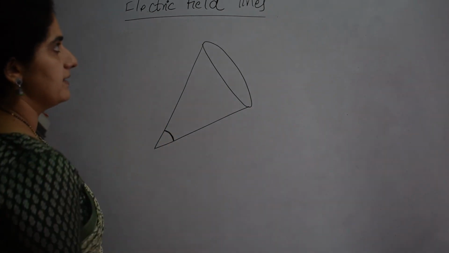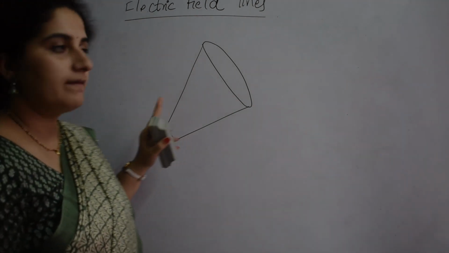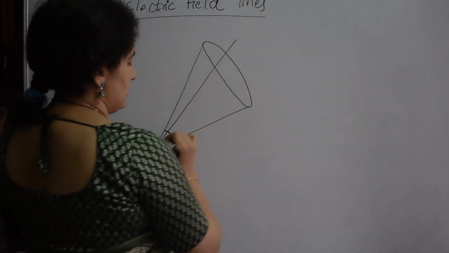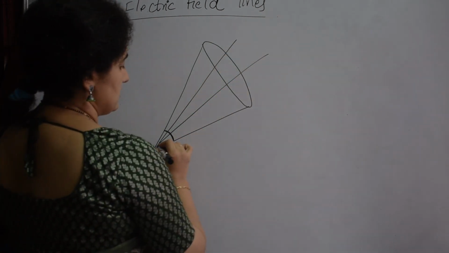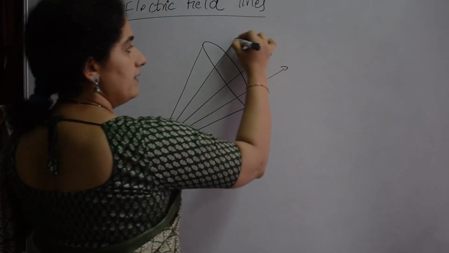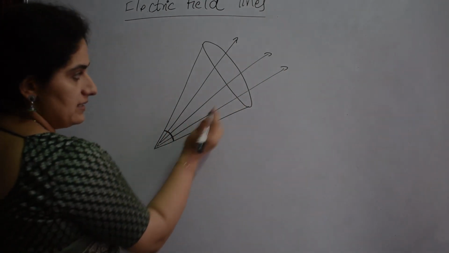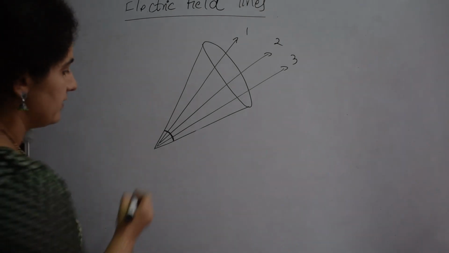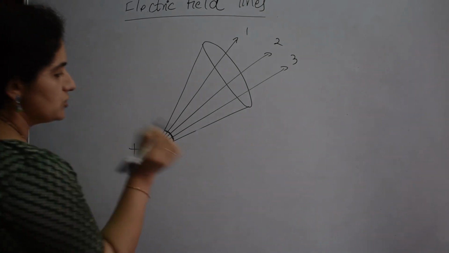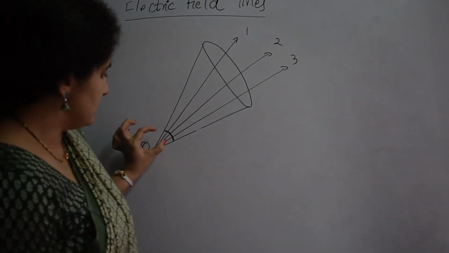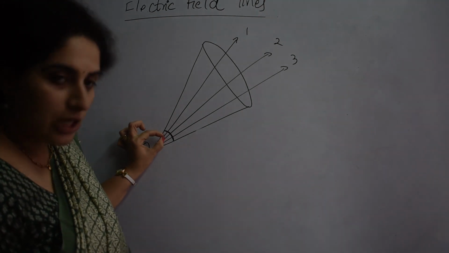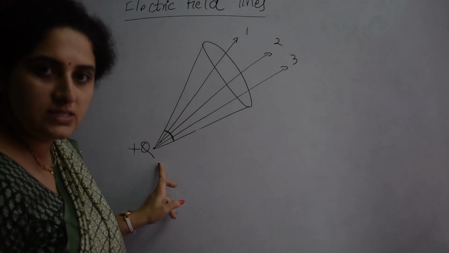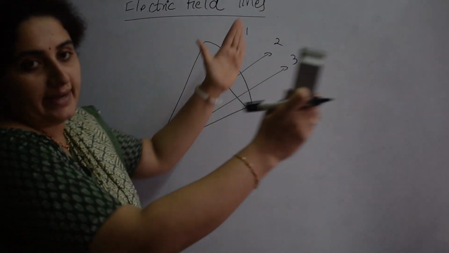So it is the angle subtended by the cone, and it is a radial vector. Suppose you consider this one. Say that you have the electric field lines like this. Now you can note that if you consider 1, 2, 3 as the electric field lines due to the source charge Q, then here the field lines will be closer, and as it goes away from this charge, it goes wider and wider.